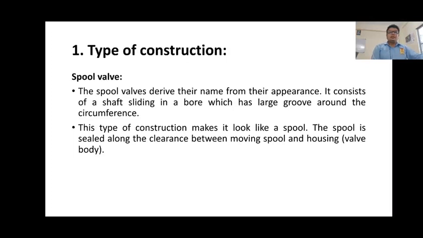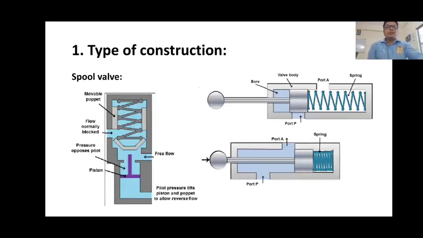The spool is sealed along the clearance between the moving spool and housing, that is the valve body. The quality of the seal or amount of leakage depends on the amount of clearance, viscosity of fluid, and the level of pressure. You can see it from the first figure. The grooves guide the fluid flow by interconnecting or blocking the holes.